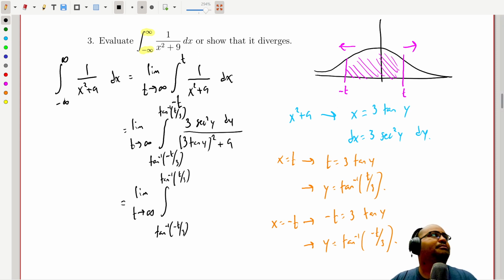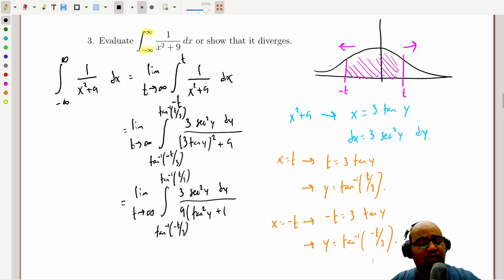When we clean up everything here, look at the bottom of that fraction. 3 tangent y squared is 9 tangent squared y. I can pull out the 9. Let's go ahead and write it down: 3 secant squared y dy over 9 times tangent squared y plus 1, after I factor everything out.